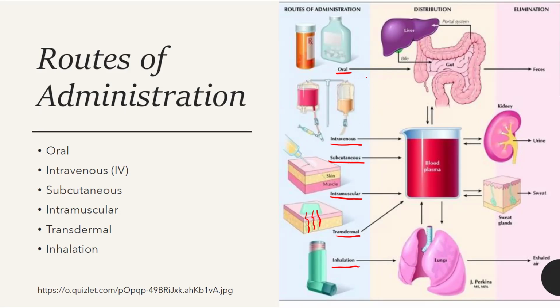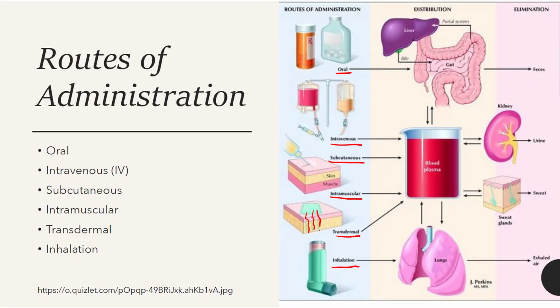Now, oral administration, whenever you swallow a pill, where's it going to go? It's going to go into your gut. It's going to go into your small and large intestines after it goes through your stomach. At some point, it's going to go through the liver, and then potentially it's going to go into your feces.